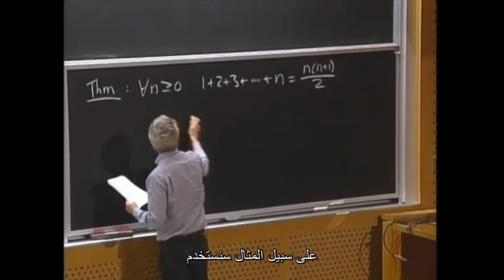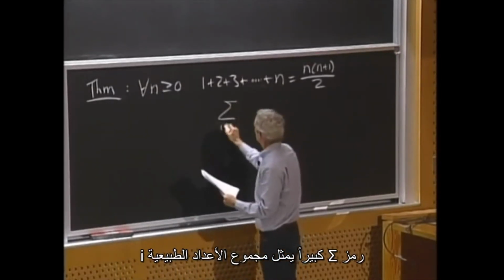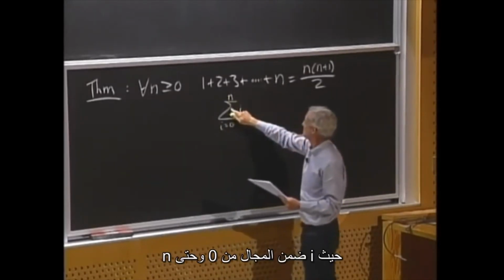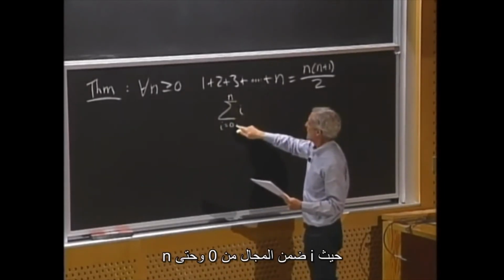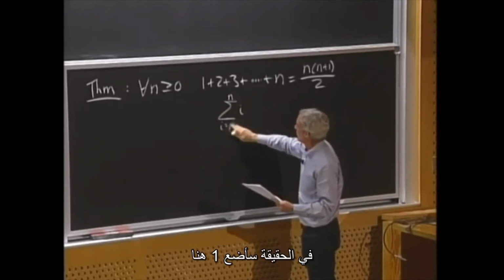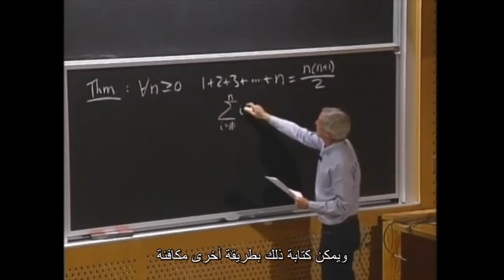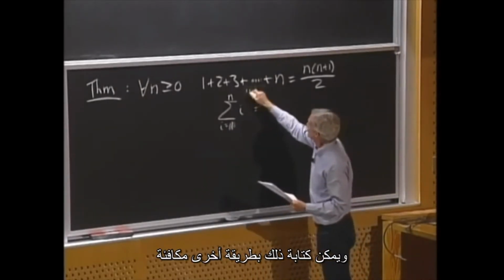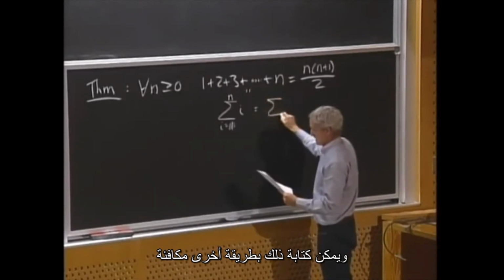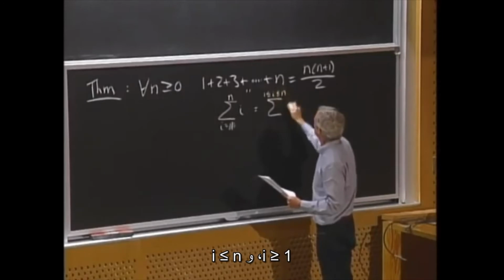Pretty risky thing. Now, because that's so vague, there's other terminology we use for this. For example, we would use a big capital sigma, i equals 1 to n of i. That means the sum of i, where i is the integers from 1 to n inclusive. Another way to write this, these are all equivalent, is the sum over 1 less than or equal to i less than or equal to n of i.